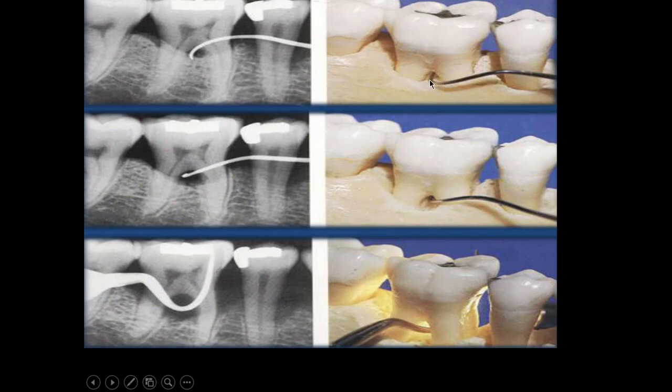This is a grade 2 furcation. You see the steepened bone loss, but it may or may not appear at the radiograph, and it is not like grade 3 that is through and through.